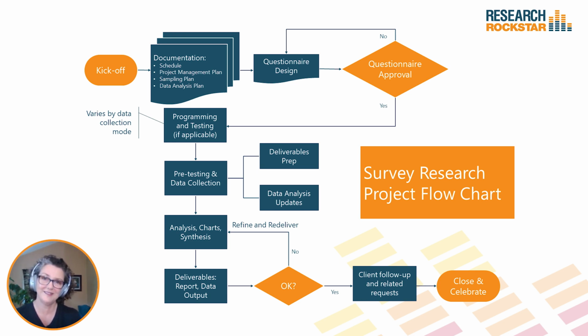Maybe you want to have a quota so that half of them are working at least 20 hours a week and half of them are working full-time. So all of those decisions about how you're going to define the population of interest and also where you're going to get them from as research participants, your sampling frame, that might be a phrase some of you are familiar with, that has to be documented.